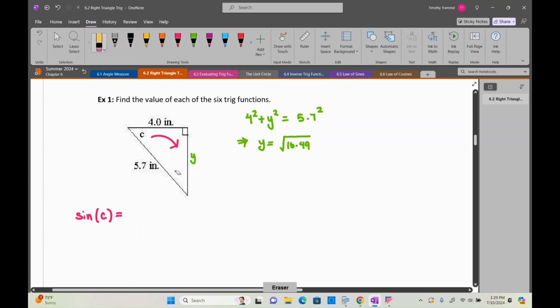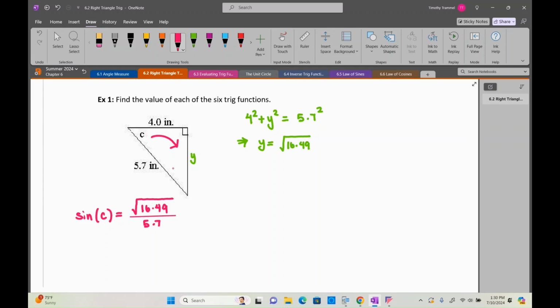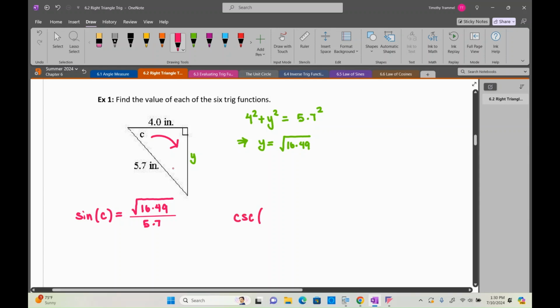I can actually write that in. This means we can very quickly then find the value of cosecant of C. It should just be the reciprocal.